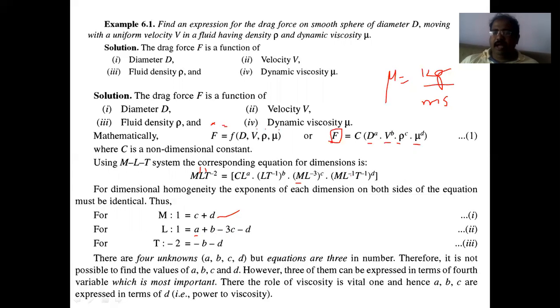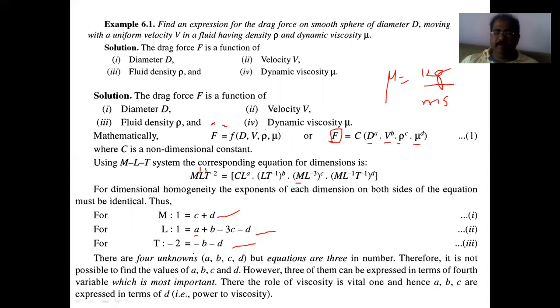And here L raised to power minus 1 d, so we use minus d. This is the second equation. And thirdly, T raised to power minus 2. Here T to minus 2 is equal to minus b and minus d. This is the third equation.